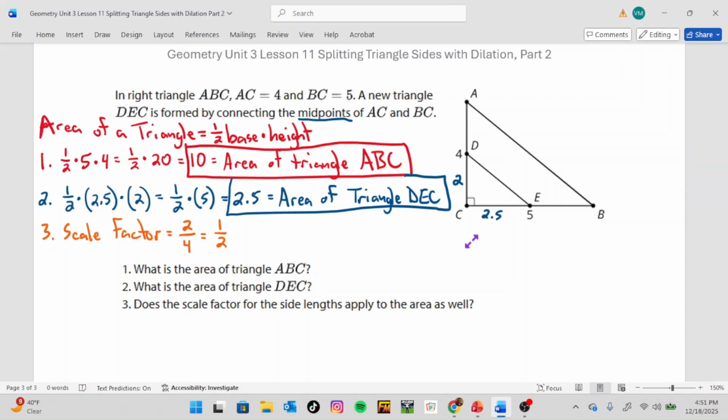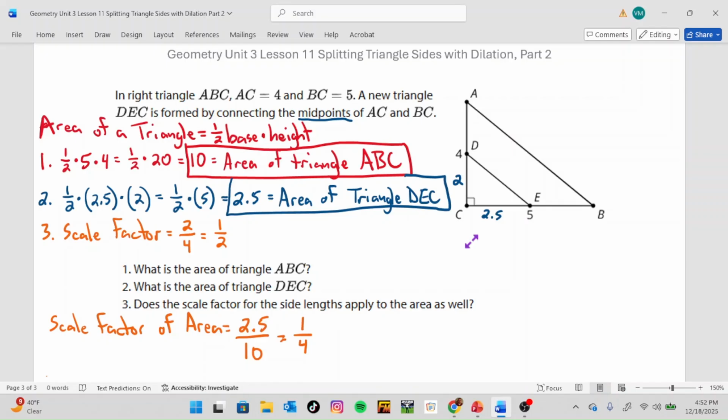But when we look at the scale factor of area, we have a new area of 2.5 divided by an old or original area of 10. These are both divisible by 2.5. That makes it a scale factor of 1/4.